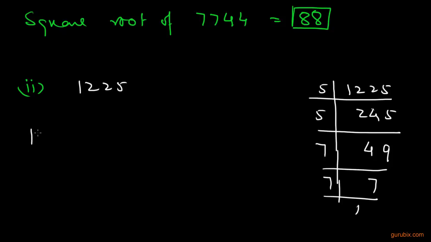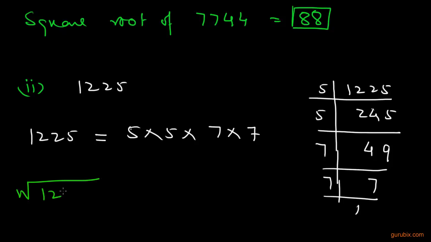So we can write this 1225 as the product of its prime factors like this, and now we can easily find the square root of this number 1225 like this.